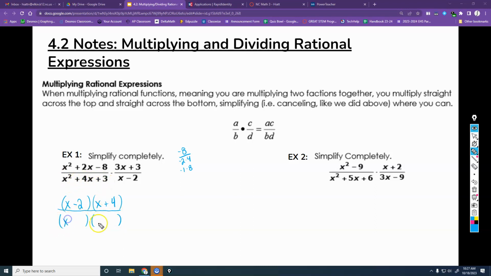So I'll have an x and an x. This time I need to multiply to get 3. The only thing I can multiply to get 3 is 3 and 1. I want to use positives because I got a positive 4 in the middle. So I'll do plus 3, plus 1. Everybody okay there?